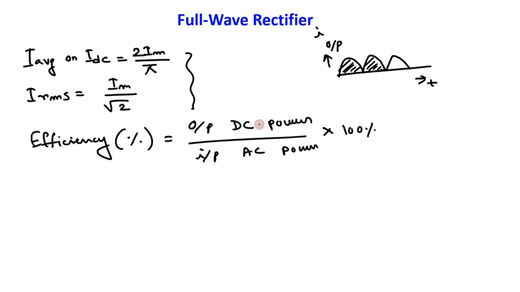You know how to find it. It will be IDC square into the load resistance, and this part will be IRMS square into the load resistance. If you substitute the values here, you will get 81.13%. Do you remember what the efficiency was in case of the half wave rectifier?